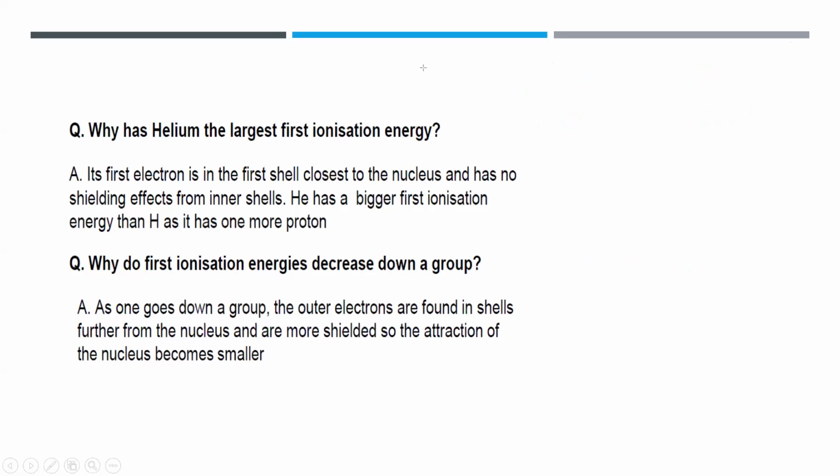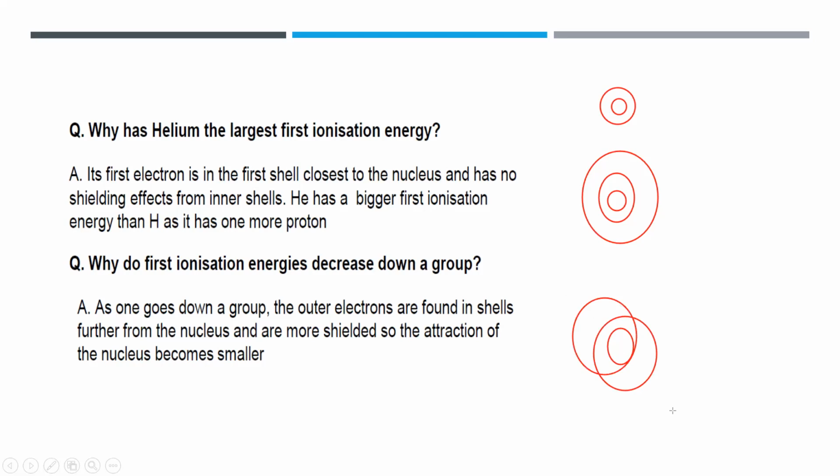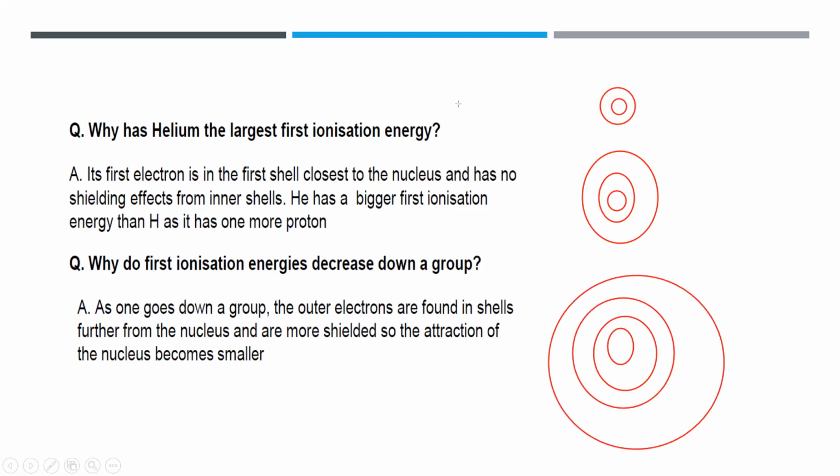So when we sketch the shells, like this is group 1, lithium is there, then sodium, and potassium. When you check, even though the nuclear charge is increasing, potassium will have more electrons, sodium fewer, and lithium the fewest.